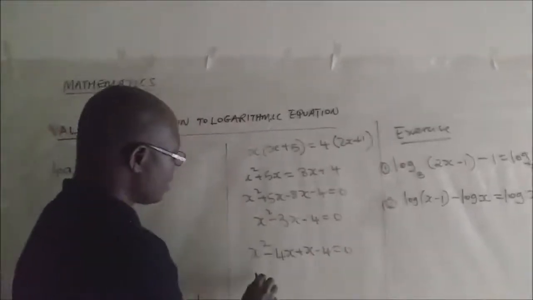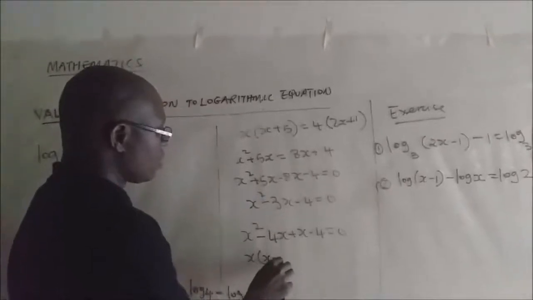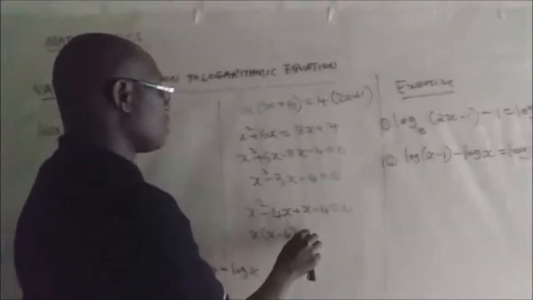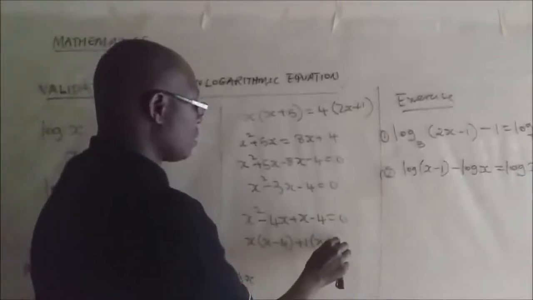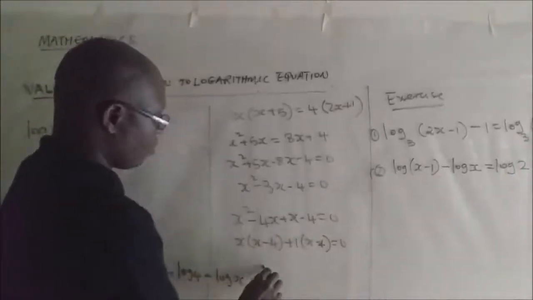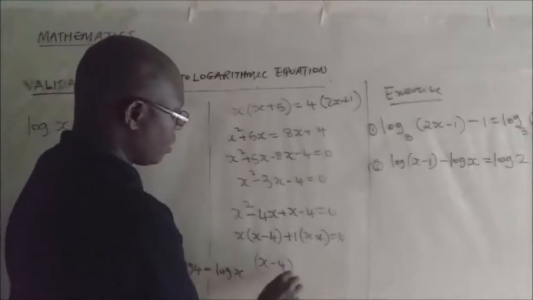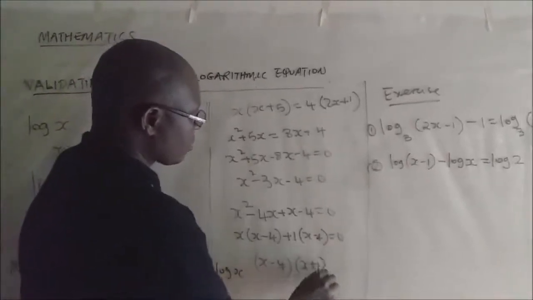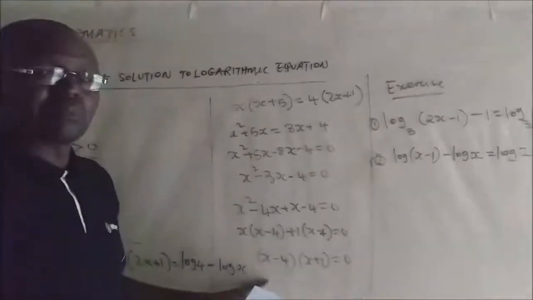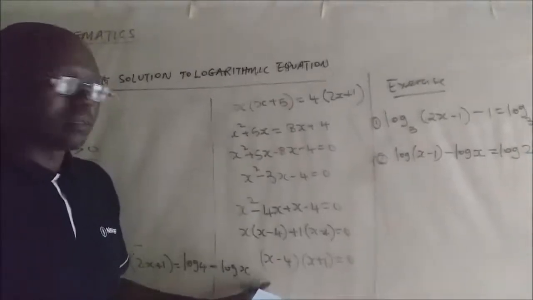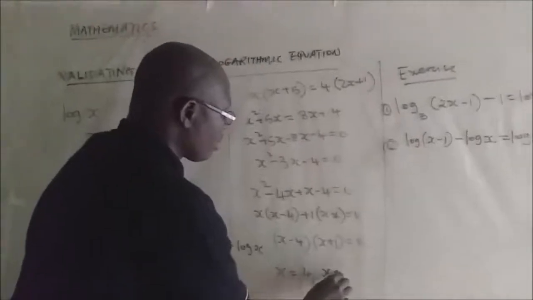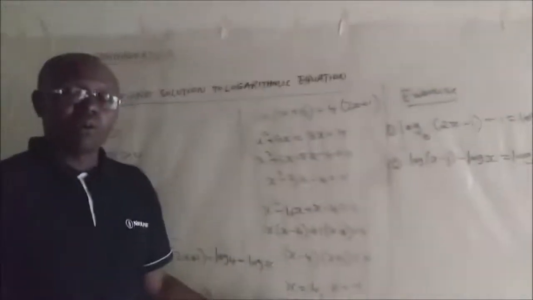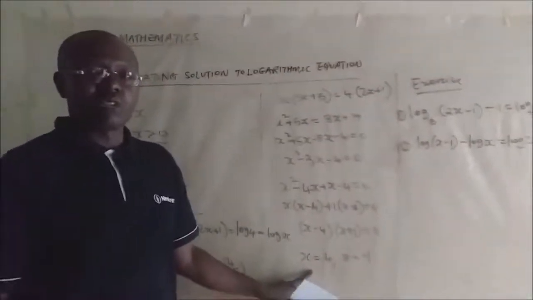And so we factorize. And we end up having x minus 4 times x plus 1 equal to 0. From this, x is either 4 or x is negative 1. We have two values of x.